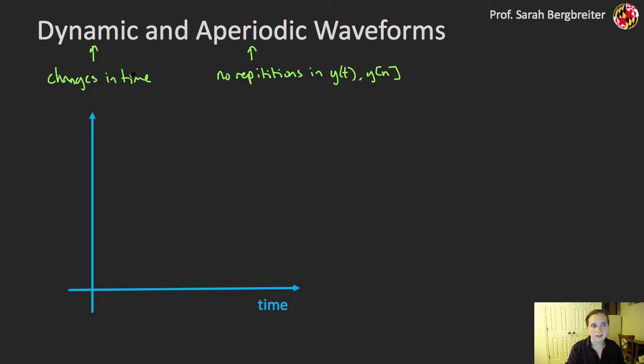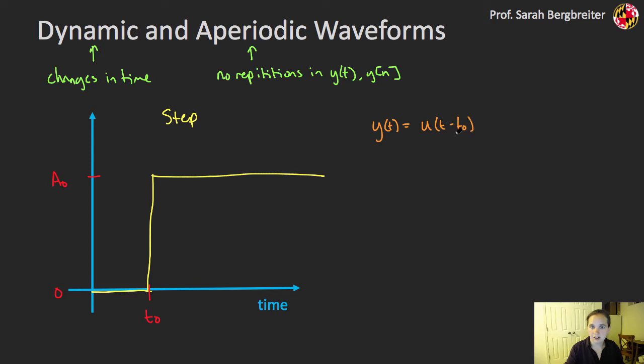Now, one signal that's dynamic and aperiodic that you'll see a lot of is a step signal. A step signal has an abrupt change at some time t0, and it changes from an amplitude of 0 to an amplitude of a0 at that time t0. To write this mathematically, I'll say that y of t equals a0 times u of t minus t0, where I use the term u for a step function, implying that the step happens at t0.